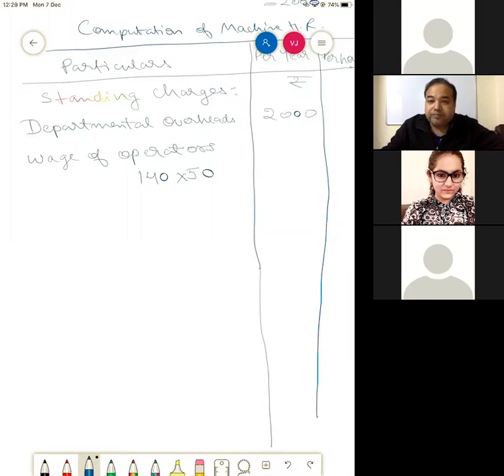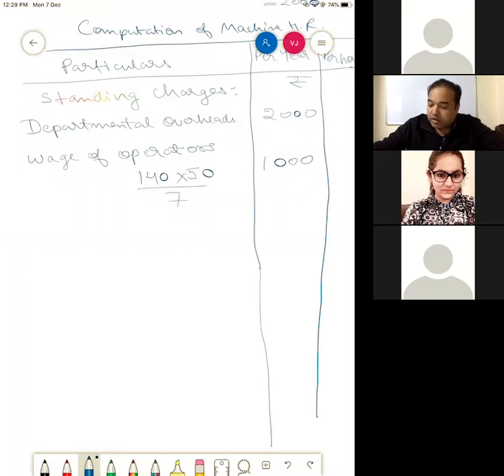Is it okay? We have to compute year wise, and then 140 into 50 we divided by 7. What we get is the wage of operator yearly.